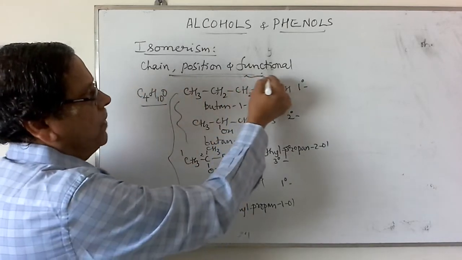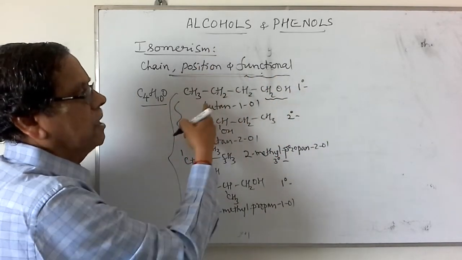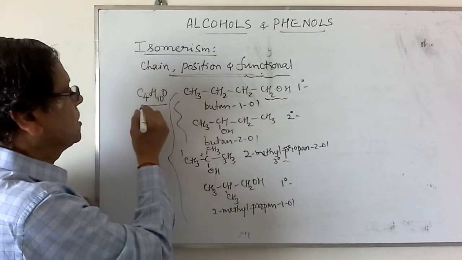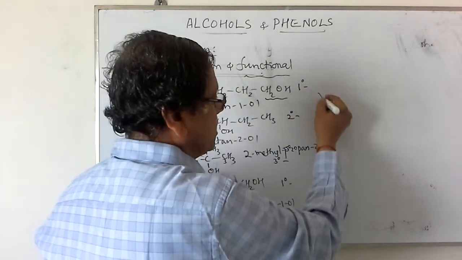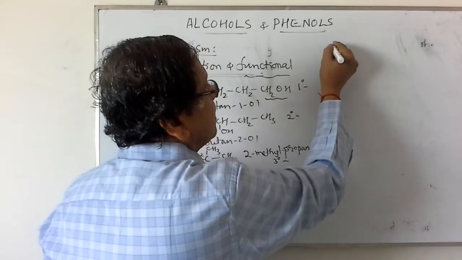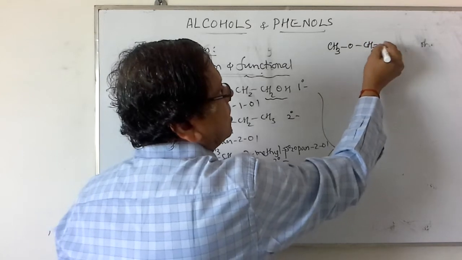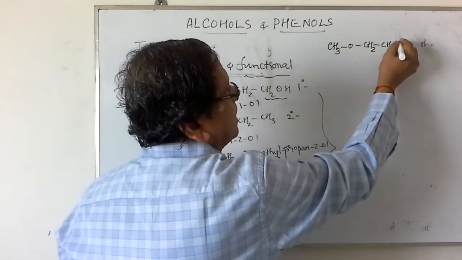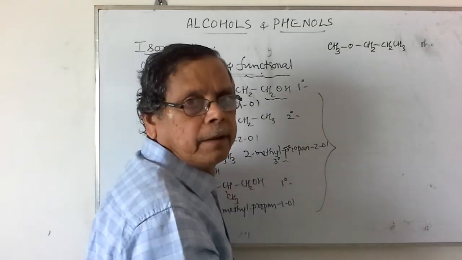But when you come to functional isomerism, usually the ethers and alcohols are the functional isomers. For the same formula, C4H10O, we can write the various types of alcohols as well as these 3 ethers. CH3O, CH2, CH2, CH3: this is methoxypropane.